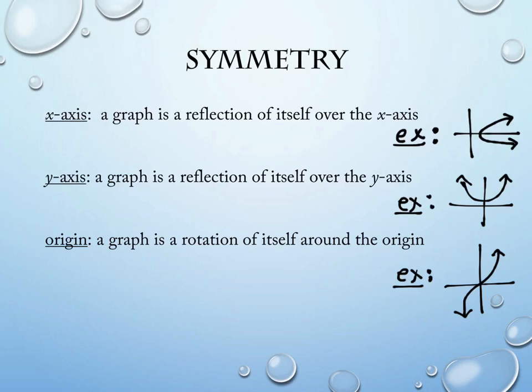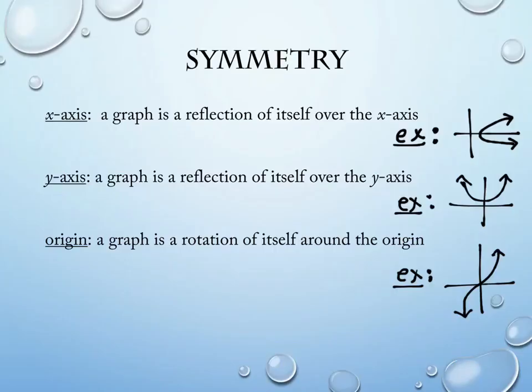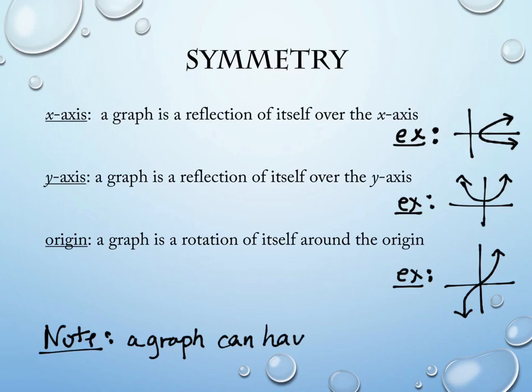Now, something very valuable to recognize is, oh, there's a note that's missing. That's okay, I'll just write it in. So note: a graph can have one of these.